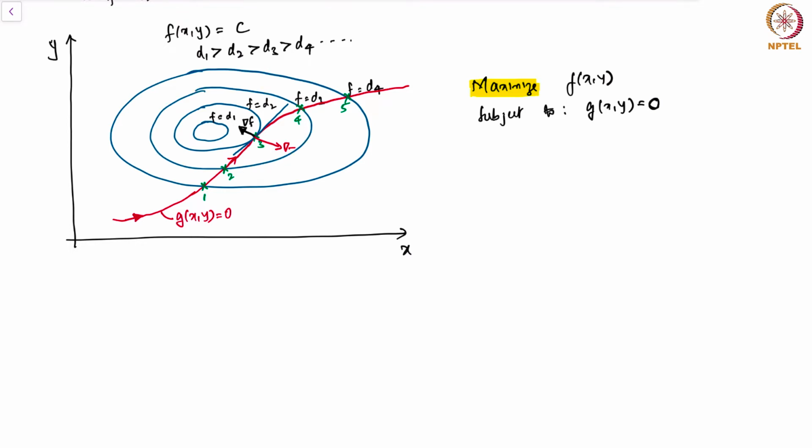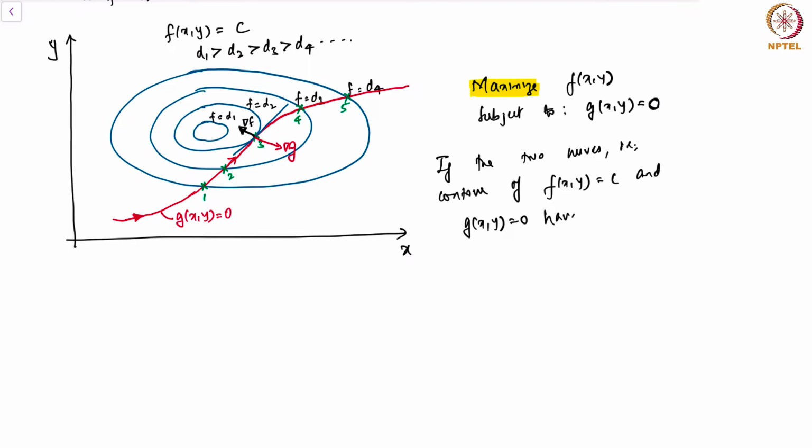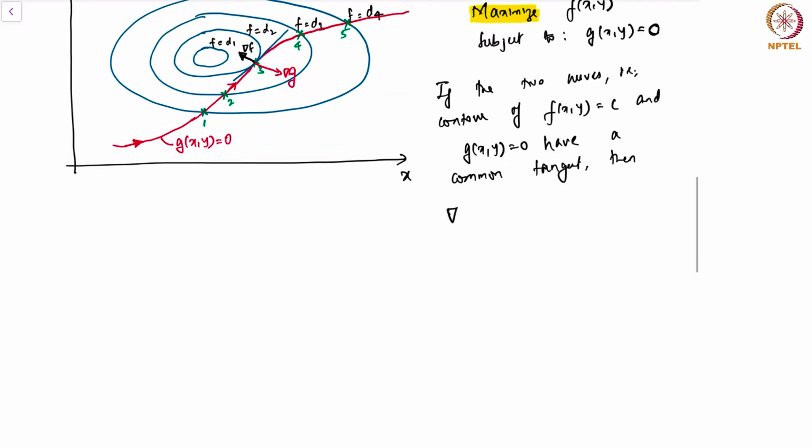So if the two curves touch each other, that is the contour of f of x comma y equal to c and the constraint g of x comma y equal to 0, if the two curves have a common tangent, then the gradient of f, which is a vector, is related to the gradient of g with a constant lambda.